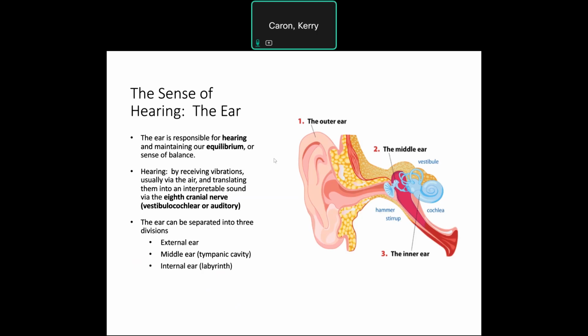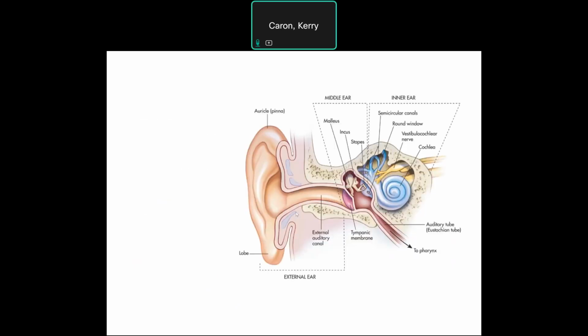The ear is separated into 3 parts: the outer, the middle, and the inner ear. The middle ear contains the tympanic membrane and the tympanic cavity. And the inner ear is more the labyrinth or the maze of the cochlea. Here's a good picture of this. So we have the outer ear, which is the auricle, the lobe, the parts that we pierce, right? We have the external auditory canal.